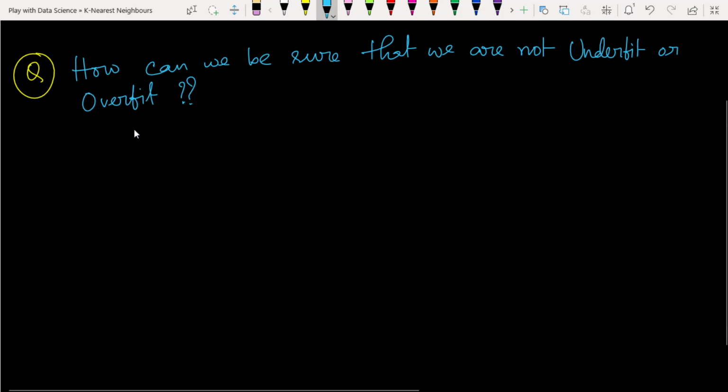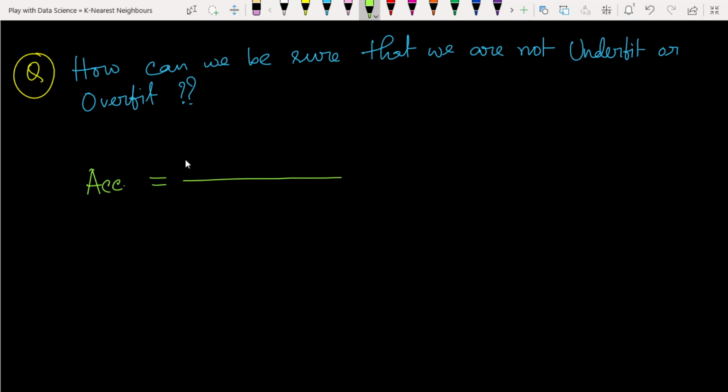In one of our previous lectures we have seen this thing. Suppose we calculate the accuracy to justify our models. And how do we calculate this accuracy? Simple.